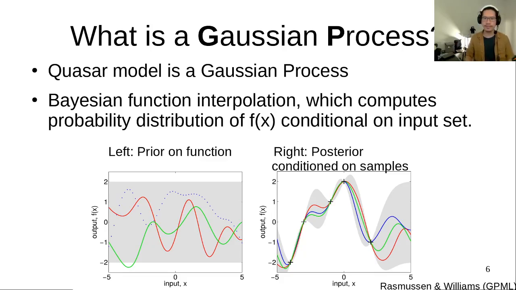If we have some data points sampled from an unknown function, we can use a Gaussian process to interpolate the data points and predict the underlying function. The Gaussian process is a probability density function describing the unknown function. The left panel is the Gaussian process prior we place on the function. If we get some data, we can condition our prior on the data and get a posterior like the right panel.